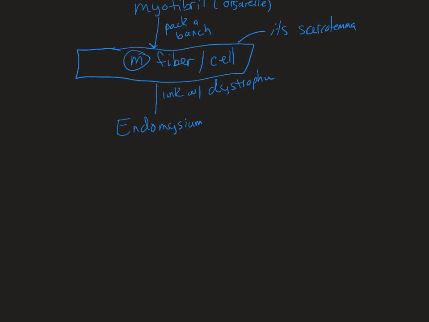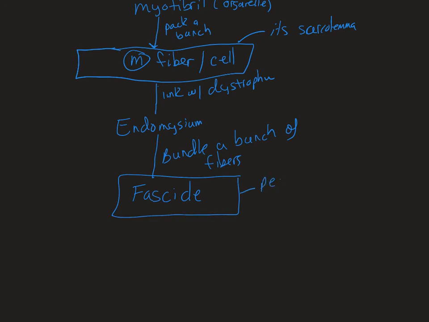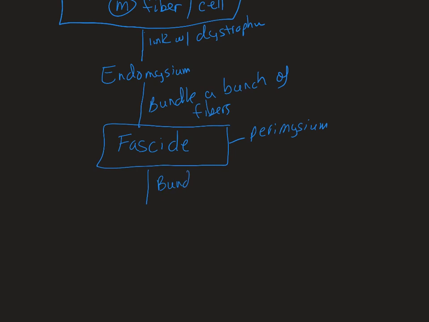Okay? Now, if you bundle a bunch of fibers together, you will get a fascicle. And surrounding the fascicle, you will get the perimysium. And if you bundle a bunch of these fascicles, you will get a muscle belly.